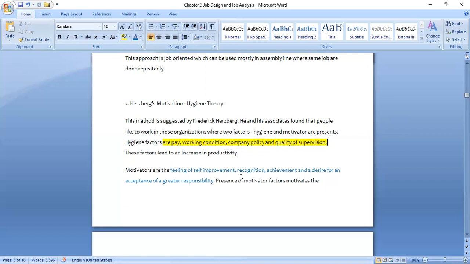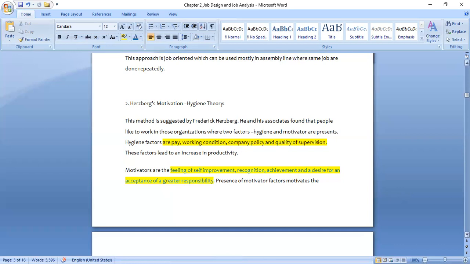And then he also talked about the motivators, and according to Herzberg, the motivator factors of job design are basically a feeling of self-improvement, then recognition, their achievement, what they have achieved at their workplaces, and the desire for acceptance of a greater responsibility.